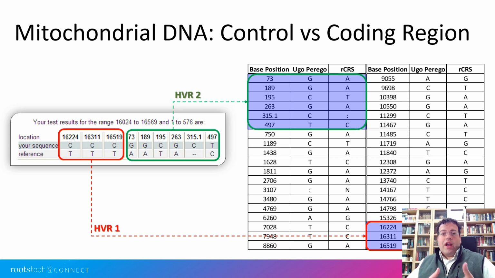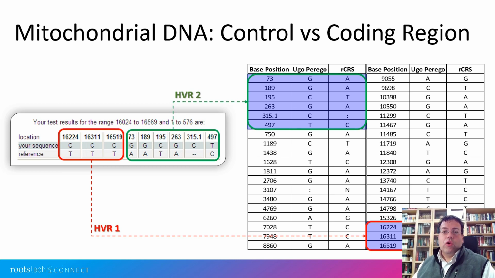So wherever you and the standard have the same value, that value is not reported. You can infer that it is the same. You can look up the whole reference online, but that is information you don't need to know. What you need to know is where you are different from that reference. And if other people have the same differences, that's where you're going to find some matches.